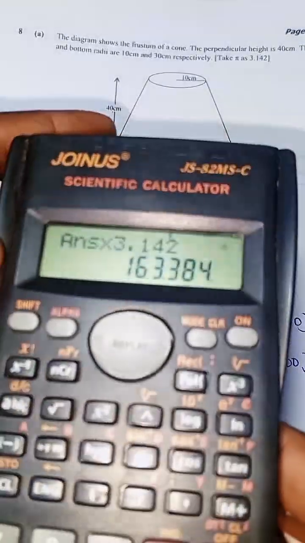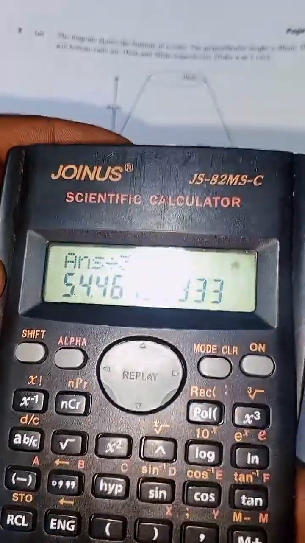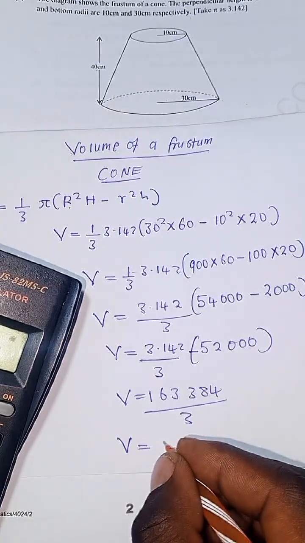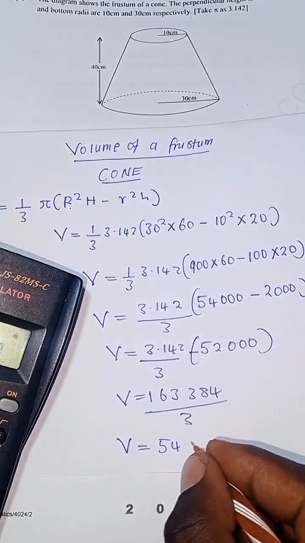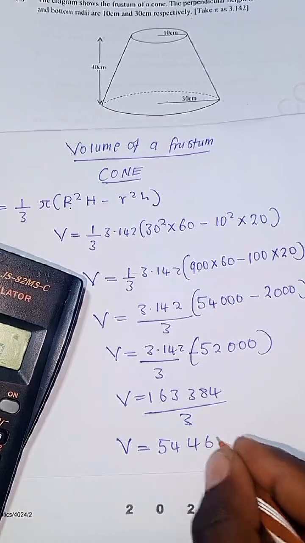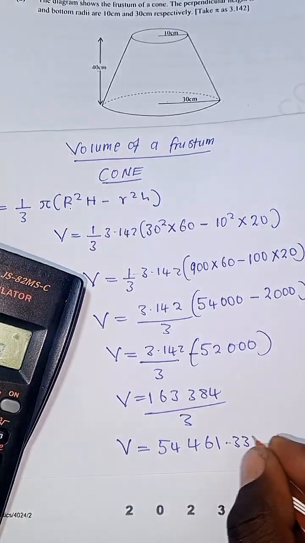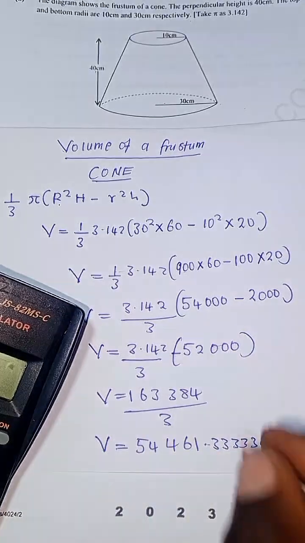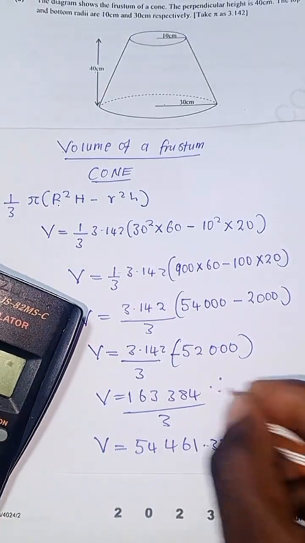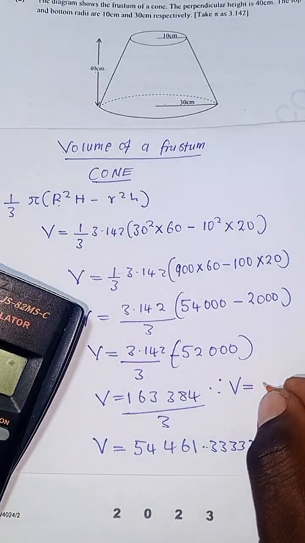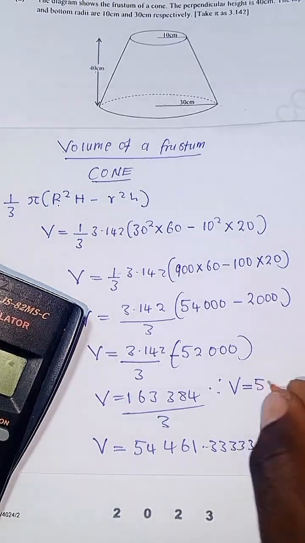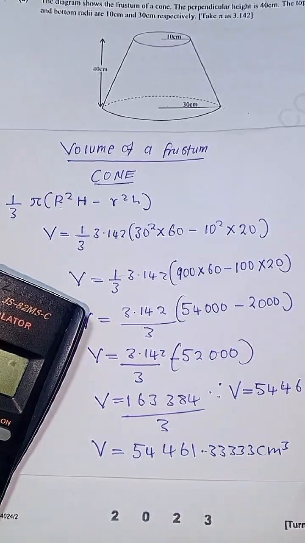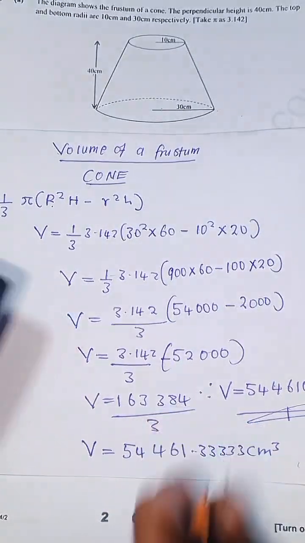You can now just divide the given number by 3, where you're going to have volume to be equal to 54,461.3333 centimeter cubic. If you want, you can round it off by saying therefore the volume of the frustum was equal to 54,461 centimeter cubed. Thank you so much for watching.